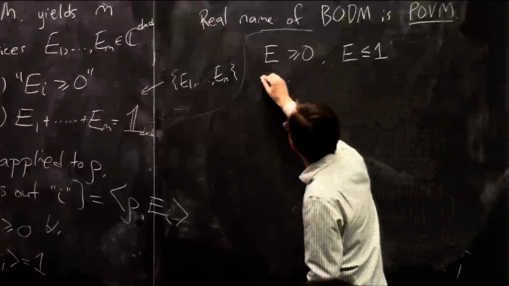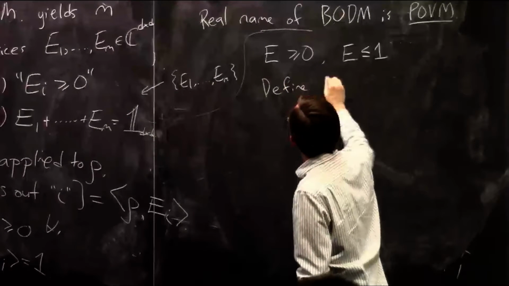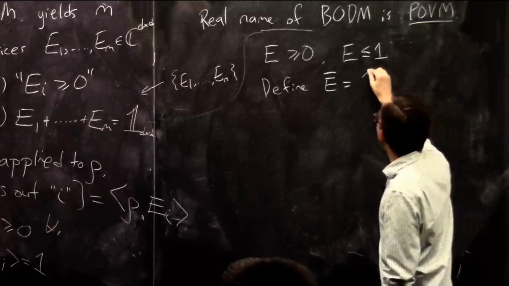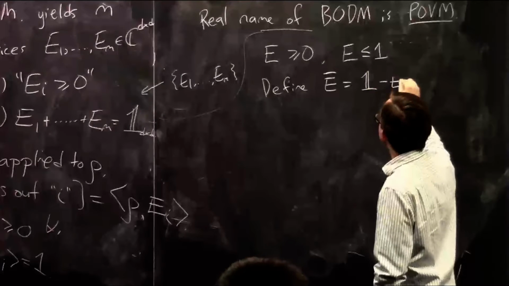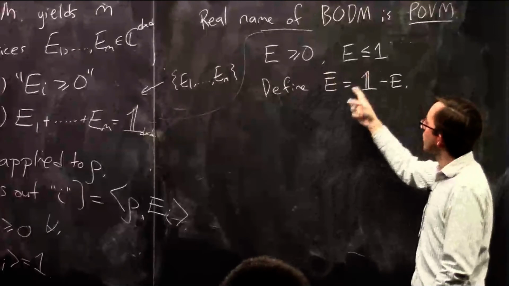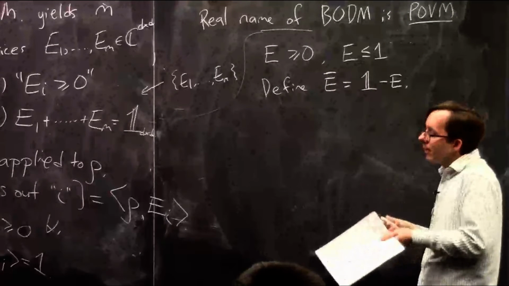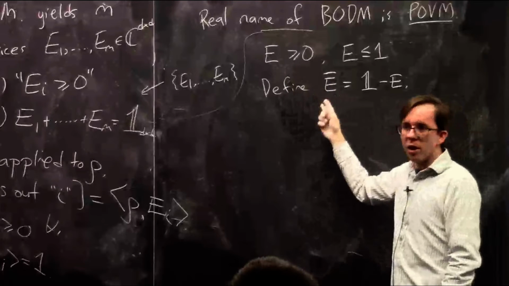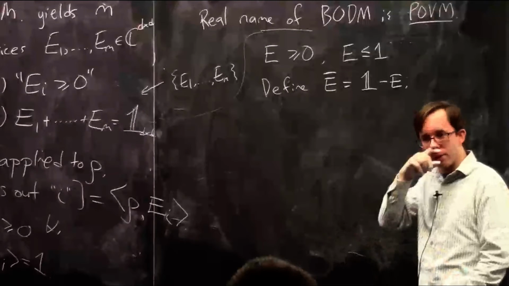So you define E bar to be the identity matrix minus E. This implies that E bar is positive, and by definition they add up to the identity. Then you can build a measuring device that reports one of two outcomes, E or E bar: either event E happened or it didn't happen.